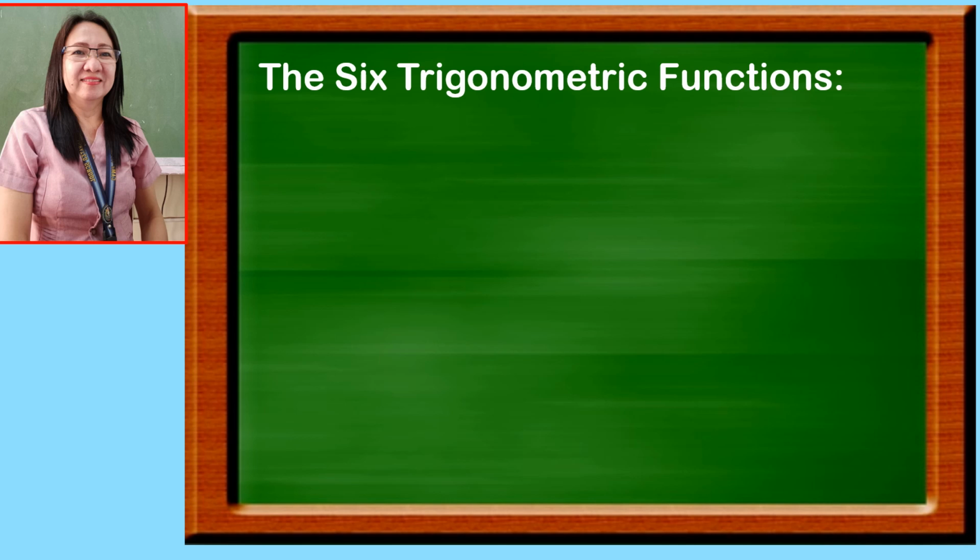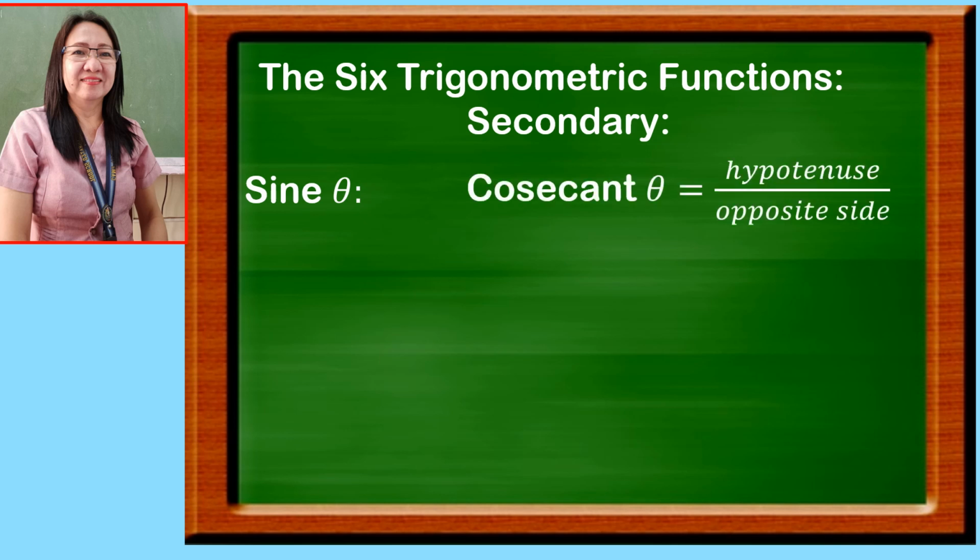Then, in the last video lesson, we also discussed the secondary trigonometric functions, which are the reciprocals of the first 3. So for sine theta, the reciprocal is the cosecant theta, which is described as hypotenuse over the opposite side.